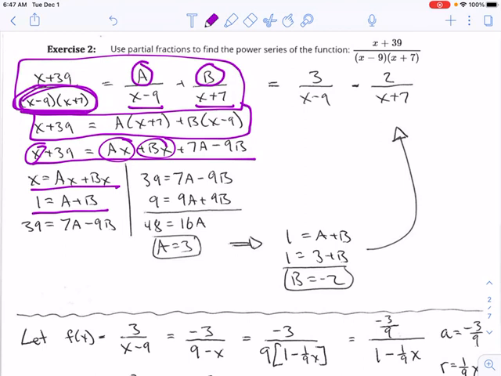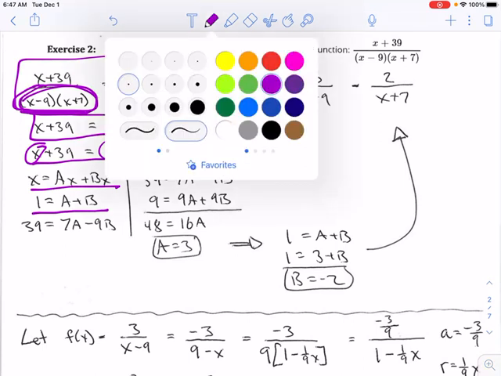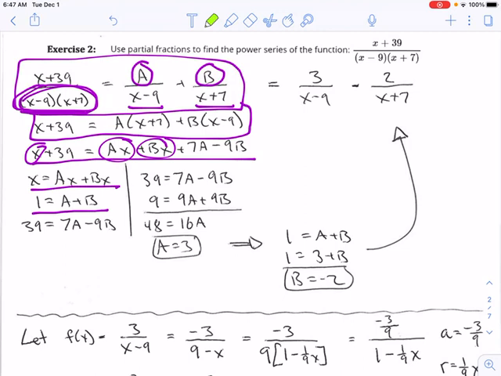And then we have, let's do say green. So then we have 39 is equal to 7a minus 9b, which I put over here. And then I need to solve the system of equations. I have 1 is equal to a plus b, and 39 is equal to 7a minus 9b.